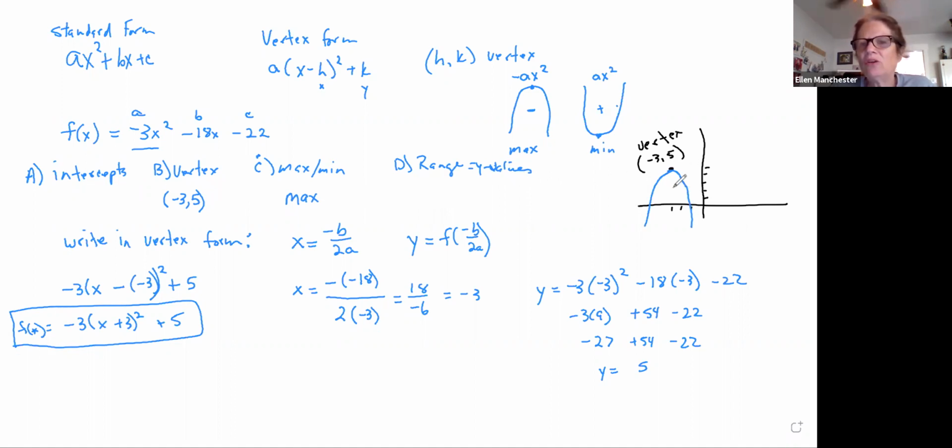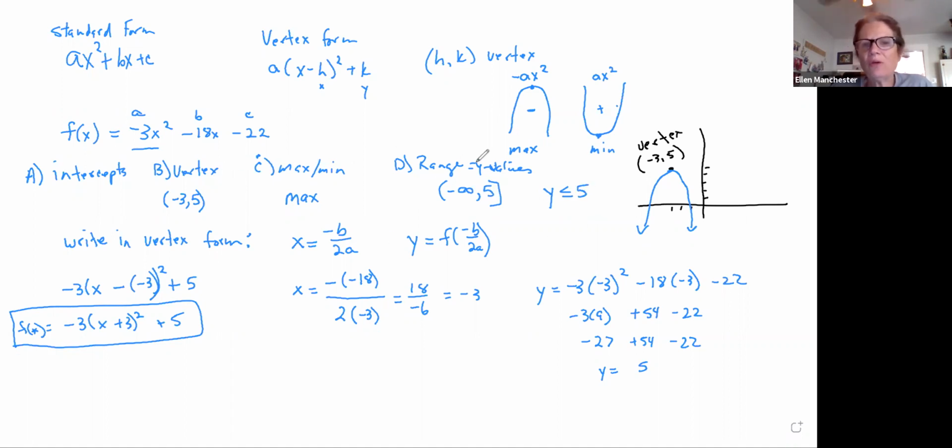I know that my parabola goes, and you always want to go from low to high, from negative infinity up to and including 5. Make sure you put in your bracket if you're writing it. This is interval notation. If you're writing it as an inequality, it would be the y values are less than or equal to 5.